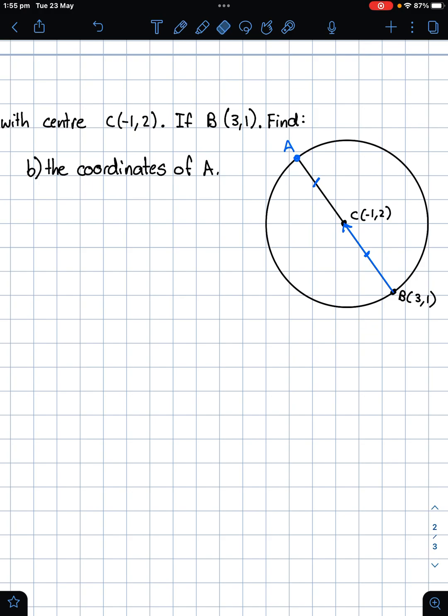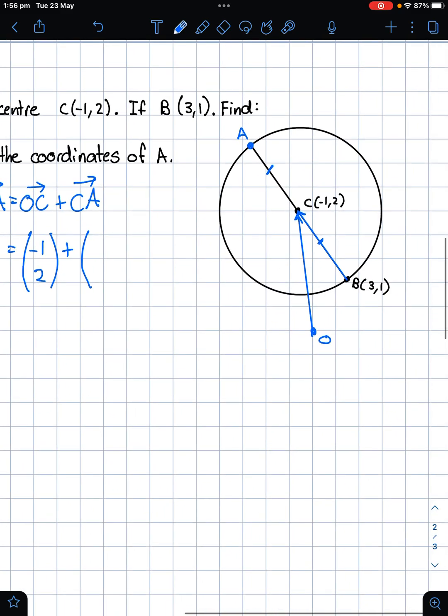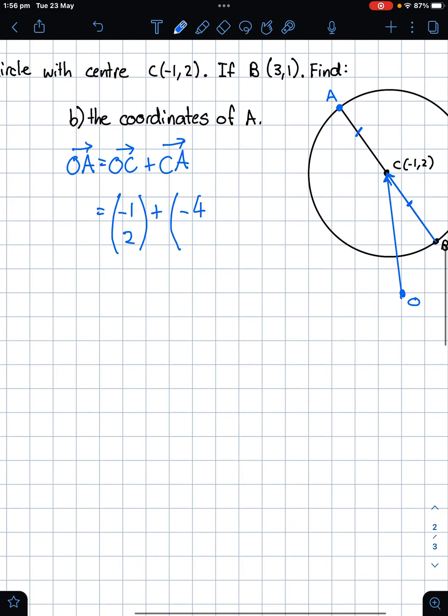If we were looking to find O to A, it would equal, and this is not to scale anymore, O to C plus C to A. So we've got -1 and 2 plus C to A, which you'll notice has the exact dimensions as B to C. So we can put in our B to C here, which is -4 and 1.